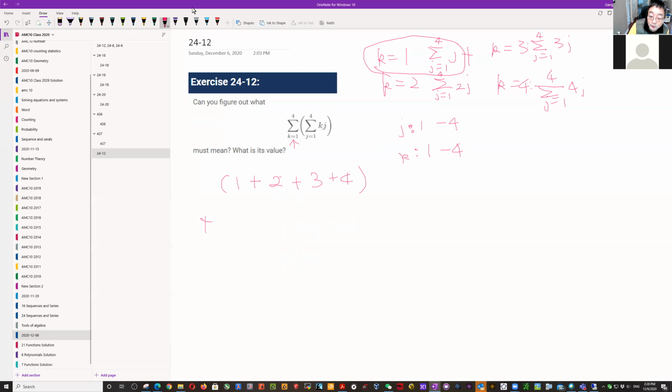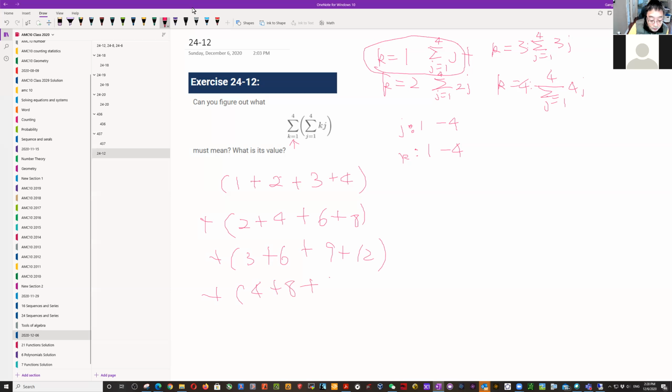When j equals 1, 2 multiplied by 1 equals 2, so it's just double whatever this is: 2 plus 4 plus 6 plus 8. And this is 3j, so it's 3 plus 6 plus 9 plus 12, and 4 plus 8 plus 12 plus 16. This is just the way it's going to be arranged.